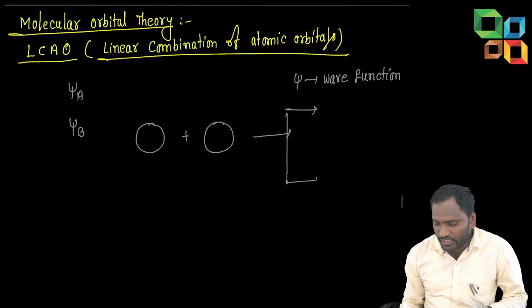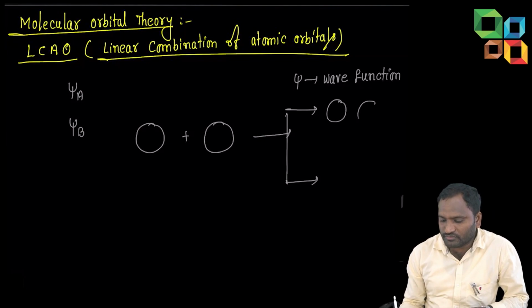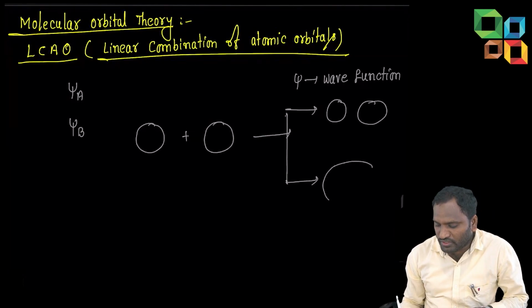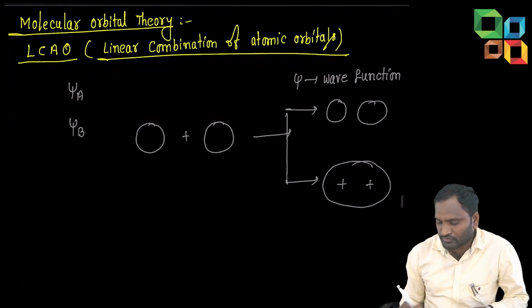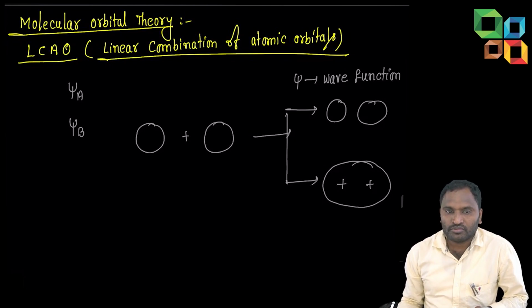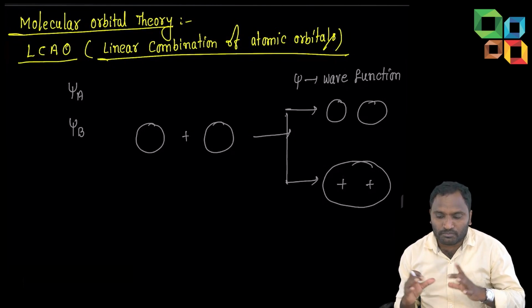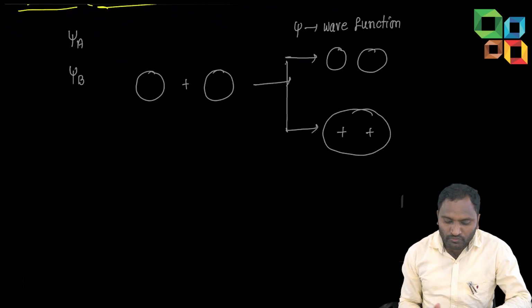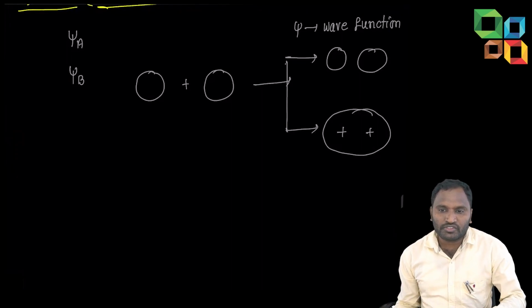They can form two types of molecular orbitals: one is anti-bonding molecular orbitals, another is bonding molecular orbitals. When they combine, they form a bonding molecular orbital. If proper orientation and proper symmetry are not there, then we can expect anti-bonding molecular orbitals. When two atomic orbitals combine according to LCAO, they form two molecular orbitals, like hybridization.